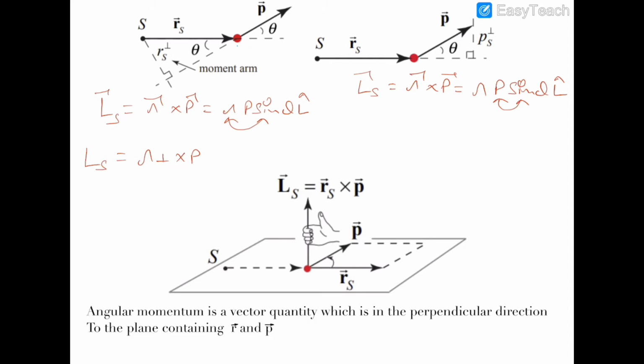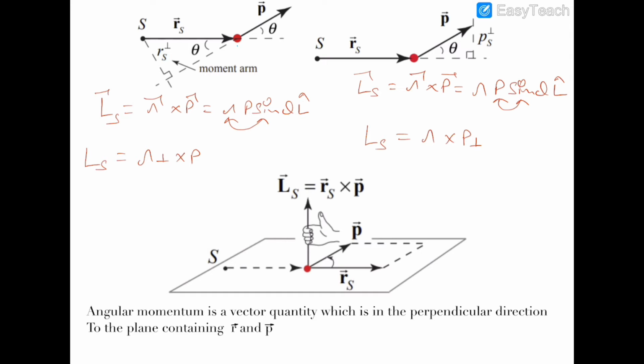So we can also write that angular momentum in scalar form L_S is equal to r into p perpendicular. So you can see that if we draw the component of momentum which is perpendicular to this r vector, then this is p perpendicular and it is p sine theta. So in either way, you can write down the magnitude of angular momentum, and you can calculate the angular momentum in scalar form.